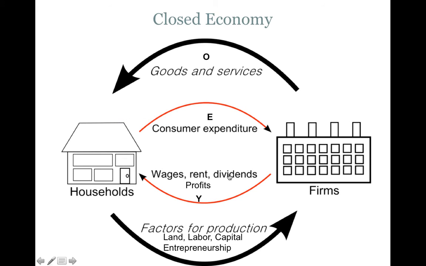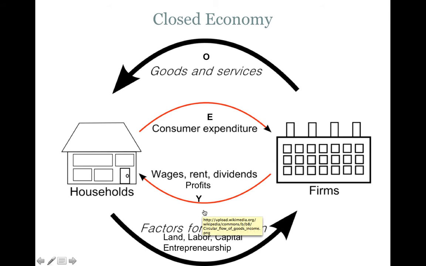On the flip side, the households send their land, their labor, their entrepreneurship to the firms, and in compensation for that, the firms send income, or Y, back to the household. So wages, rent, dividends, and profits.